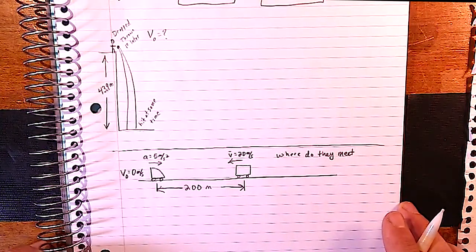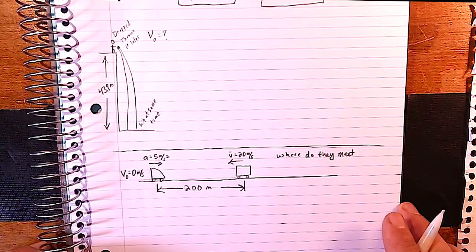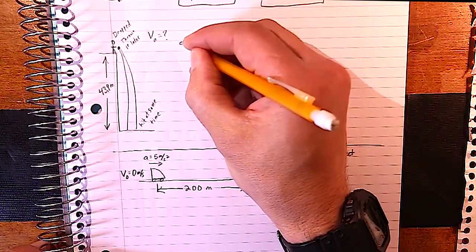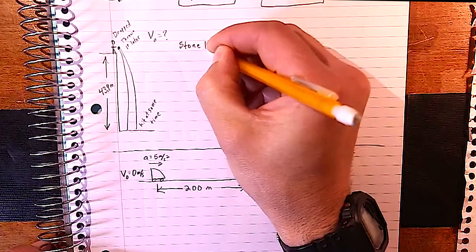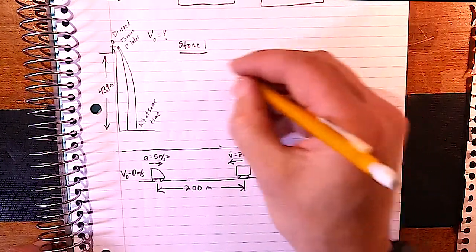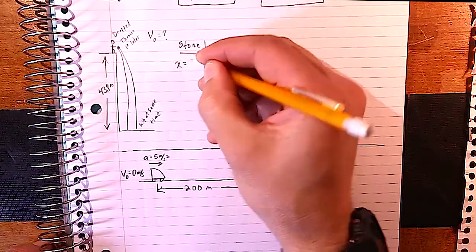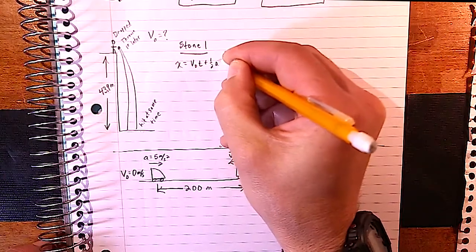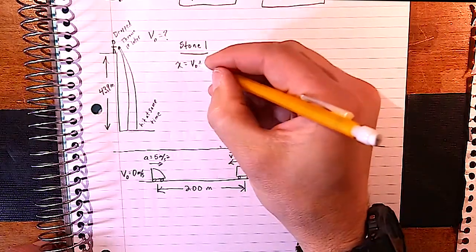So let's just start by finding out how long it takes the ball, or I said it was a stone, stone 1, to fall the 43.9 meters. We can do that easily with x equals v naught t plus 1/2 at squared, because this one's dropped.